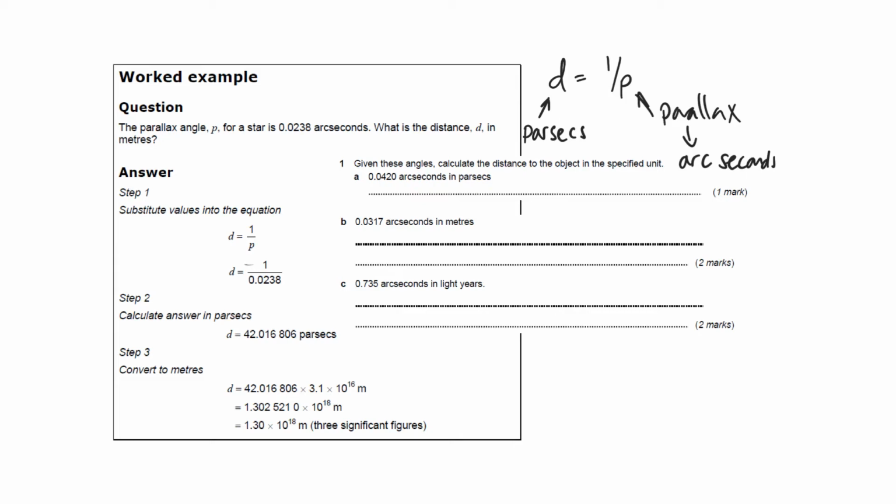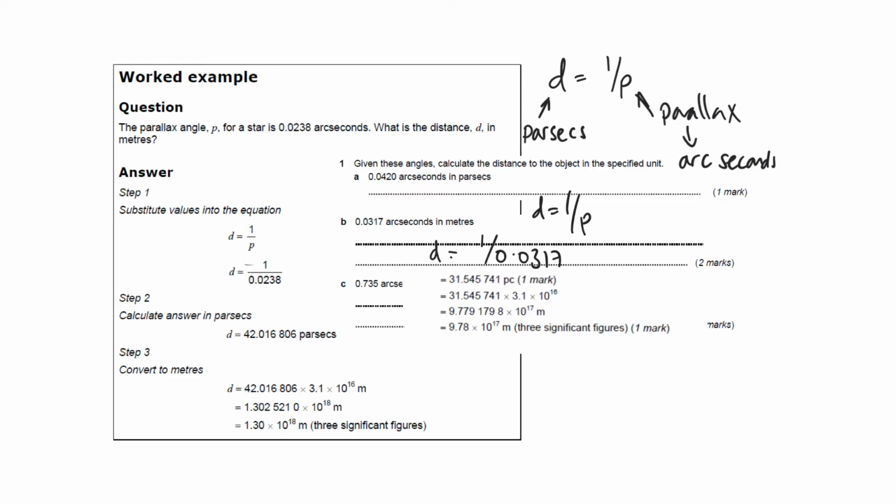Part B is the same idea, apart from this time we want our final answer in meters. So again, we start with the equation, d equals 1 over p. So the distance in parsecs equals 1 over 0.0317. Putting that into a calculator, we get 31.545741.